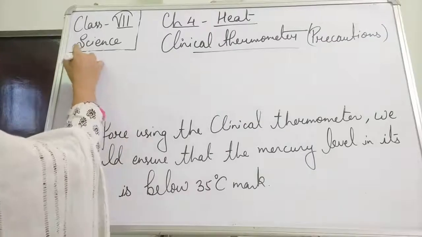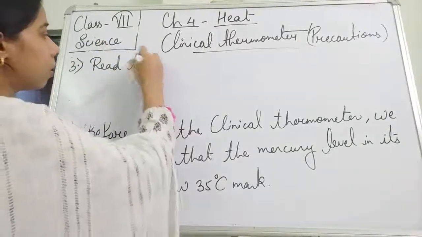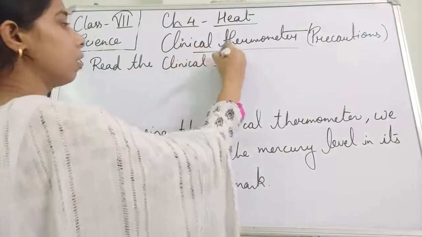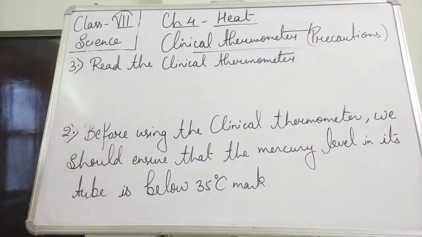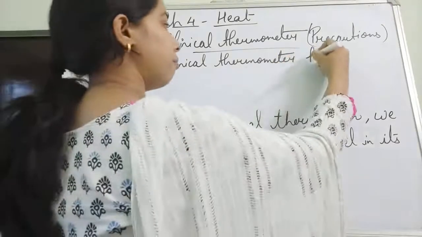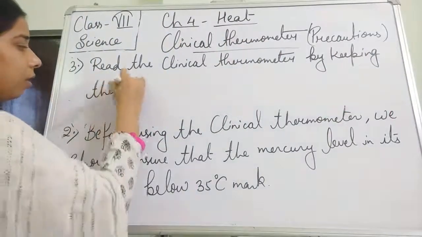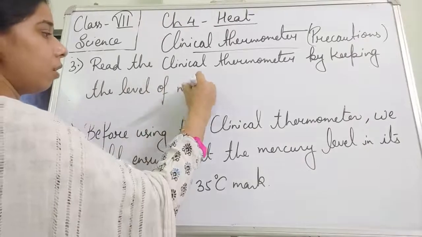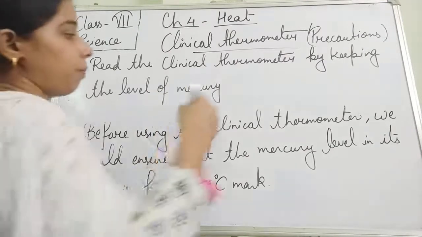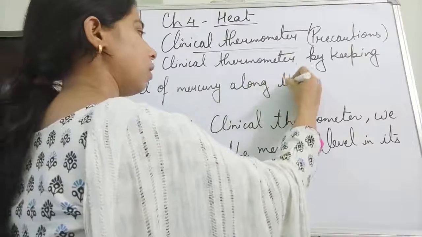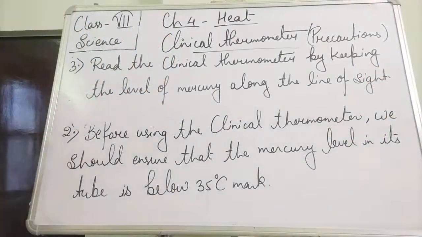So the third one is, read the clinical thermometer by keeping the level of mercury along the line of sight.